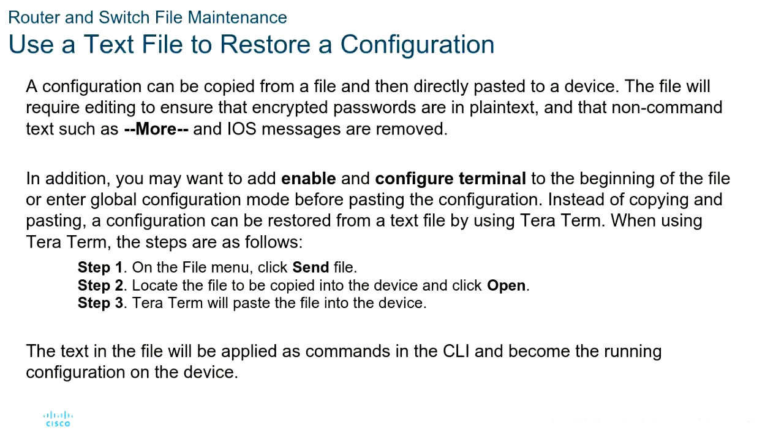Well, you can bring up the device and then just paste back in the file. And since it has enable and config t at the beginning, it'll place the router in privileged exec mode, and then it'll place the router into global configuration mode, and all those lines can be pasted back into place, and it'll become the running configuration for the device. So that's kind of a shortcut to get it running again.